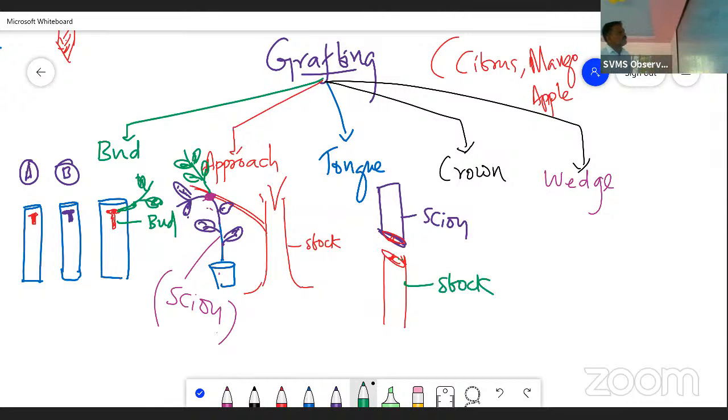So two different plants are taken in which the parts of the scion and the stalk are obliquely cut and put together, joined together. As a result, we can get a new plant, right? This is called tongue grafting, right?